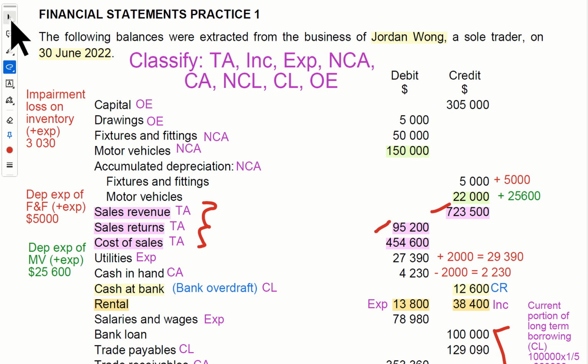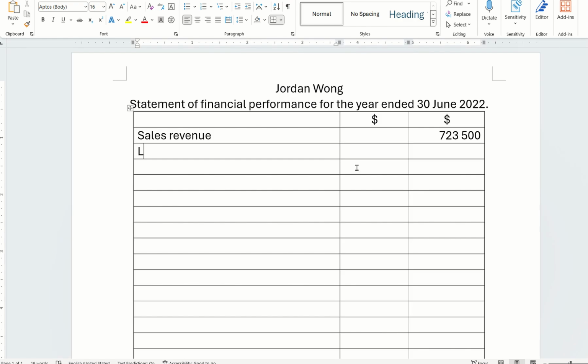The sales return number is quite big, 95,200. So I will have less sales returns, 95,200.